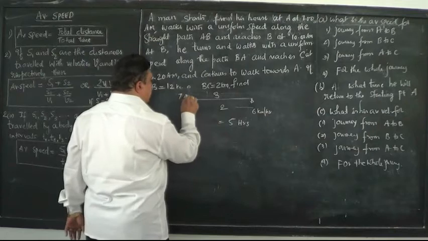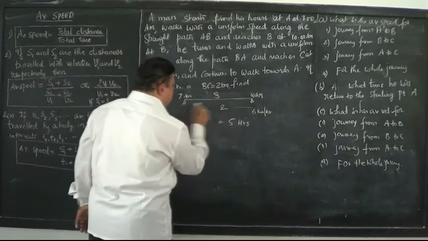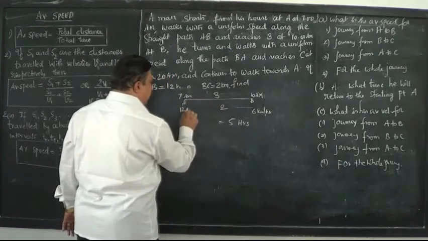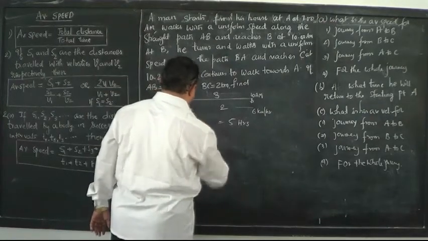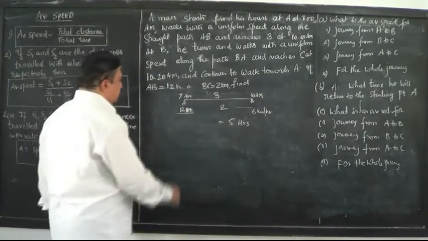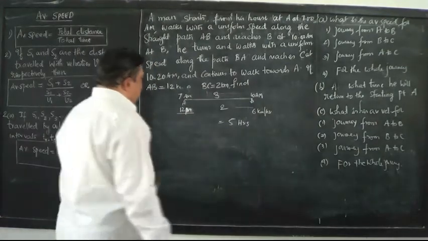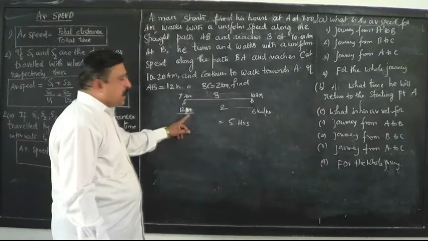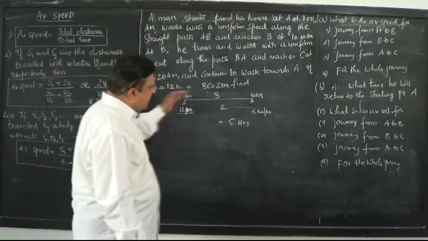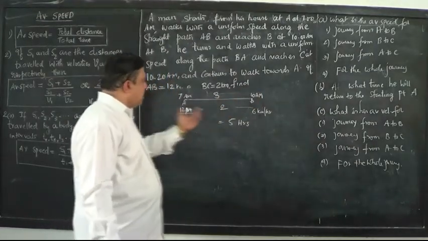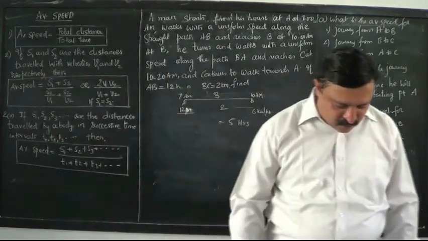He left at 7 o'clock, reached here at 10 o'clock, and you add another 2 hours for the return journey. So he comes back to A at 12 p.m. 5 hours from 7 o'clock is 12 o'clock in the afternoon.